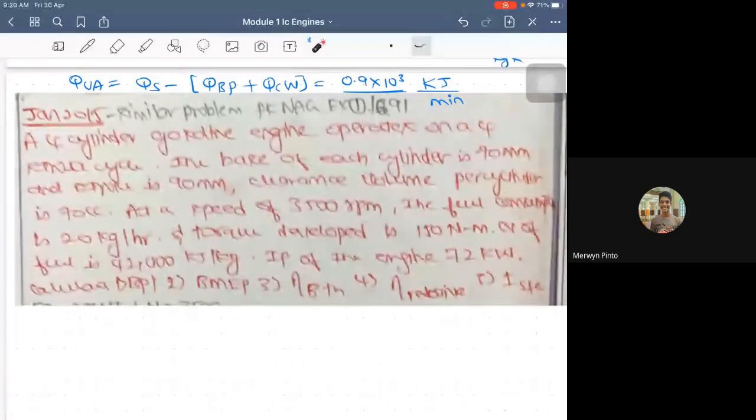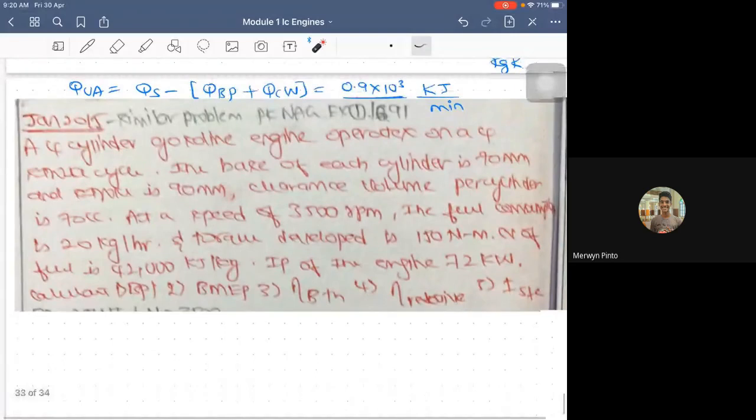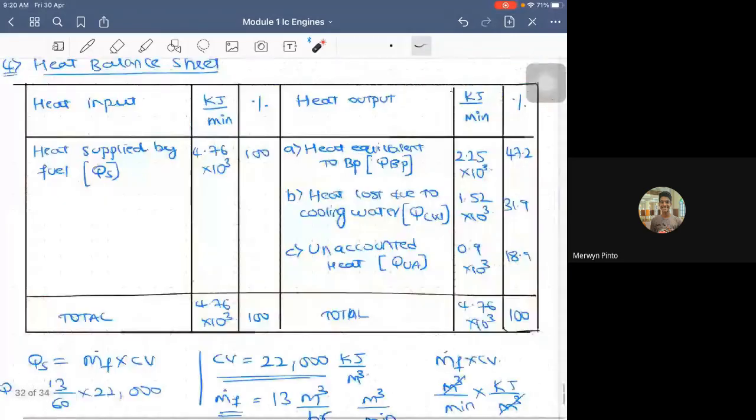Excuse me, sir. Yes. In the previous problem, the heat output we got was 4.67. Which one? That heat output total, the 2.25 plus 1.52 plus 0.9.